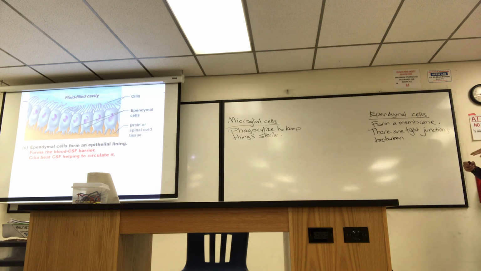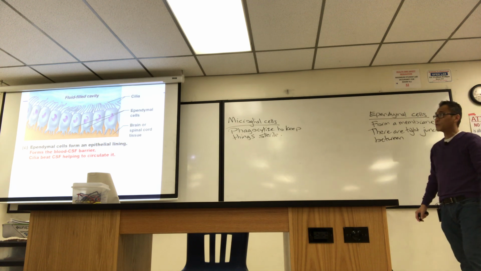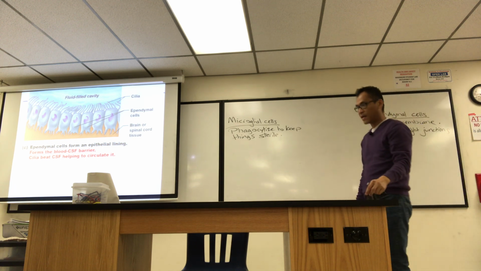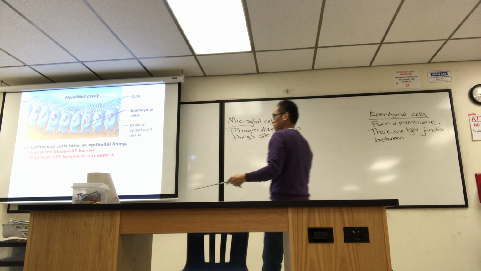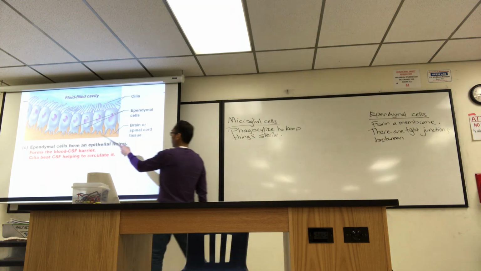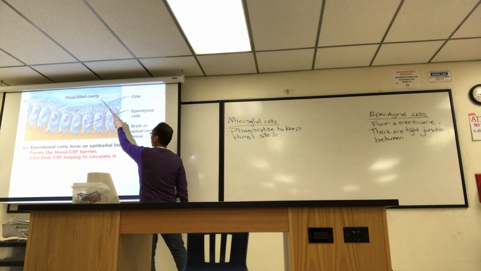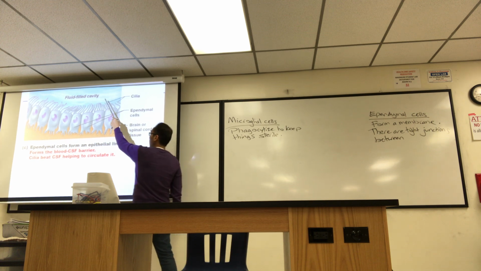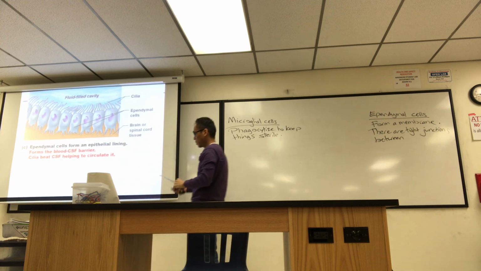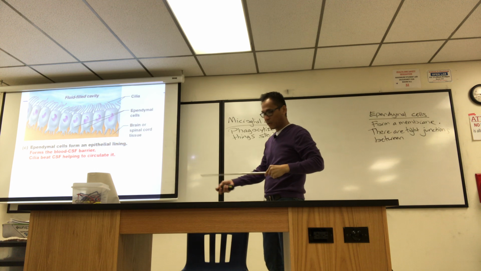And again, you're filtering the blood in a way that you filter out all the stuff that's toxic to the brain. At the top of that figure, that blue stuff is supposed to be the fluid-filled cavity that is CSF, the cerebral spinal fluid. So blood gets filtered through there. Only very small molecules can get through, and then you end up with blood that's been filtered into CSF.